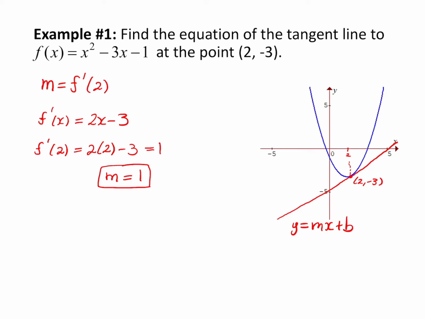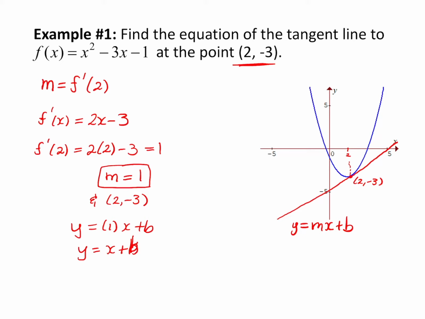Now we have the slope of the tangent line, and we also have that it passes through the point (2, -3). So if we look at y equals mx plus b, we now have y equals 1 times x plus b. So really we have y equals x plus b.